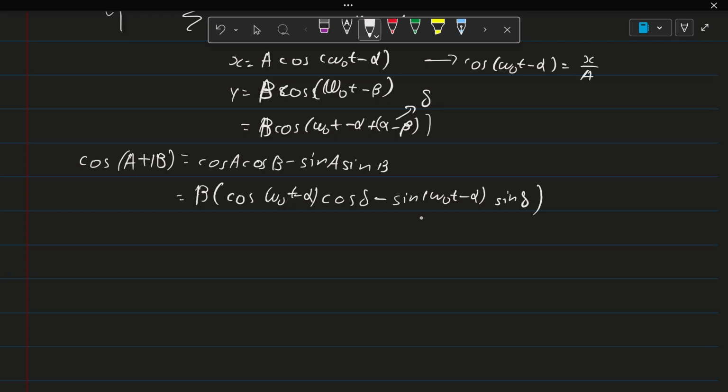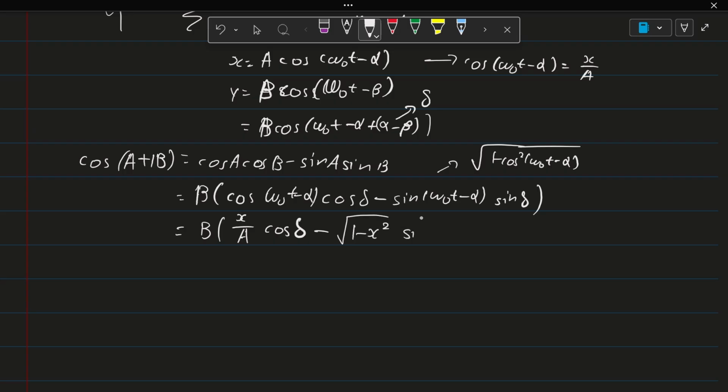And so you could get the cosine as well as the sine based on the trigonometric identity for sine, which is going to be the square root of 1 minus cosine squared omega 0 t minus alpha, right? So we could simplify this to be b x over a cosine delta minus the square root of 1 minus x squared sine delta.